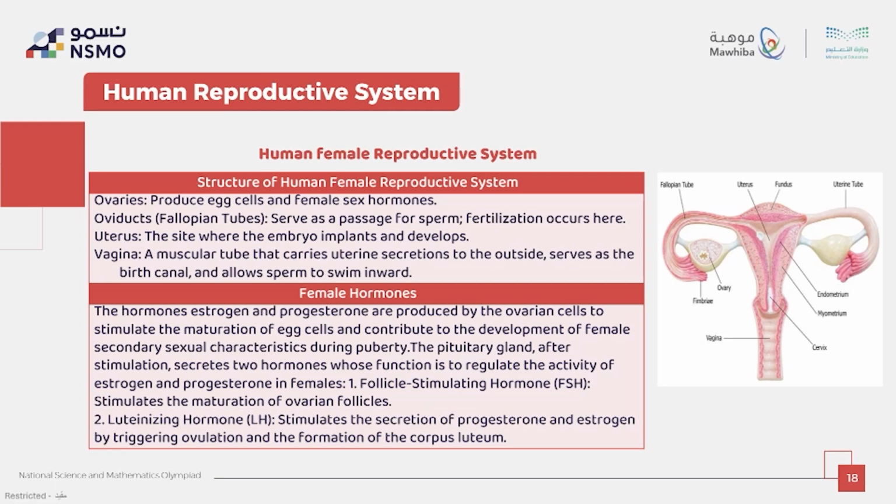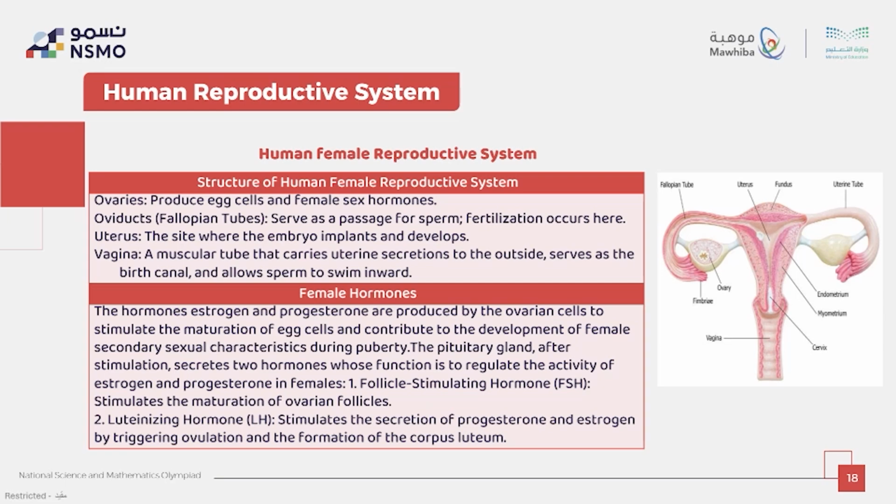Second, the oviducts, or fallopian tubes, and they serve as the passage for the egg, and fertilization usually occurs here. Okay, let's talk about the uterus. It's the site where the embryo implants and develops. The vagina, a muscular tube that serves as the birth canal and allows sperm to enter.